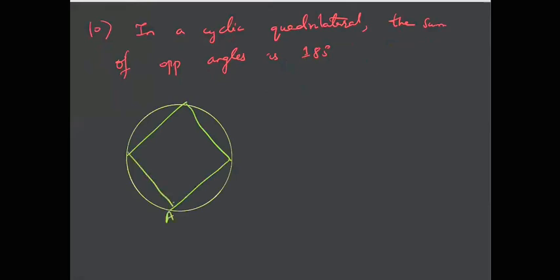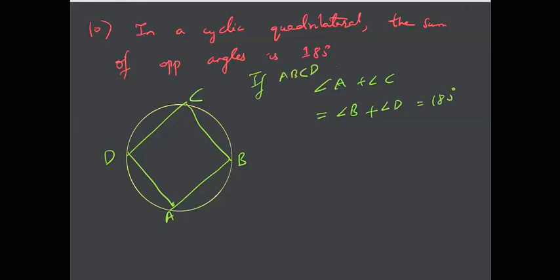So this is a cyclic quadrilateral ABCD. Then angle A plus angle C is equal to angle B plus angle D is equal to 180. Right? If ABCD is a cyclic quadrilateral. Okay. So the sum of opposite angles is 180.